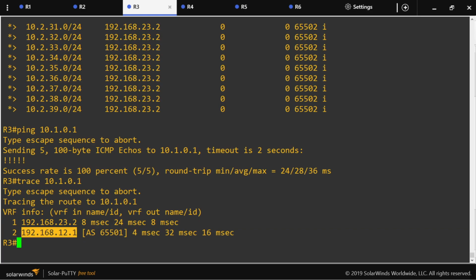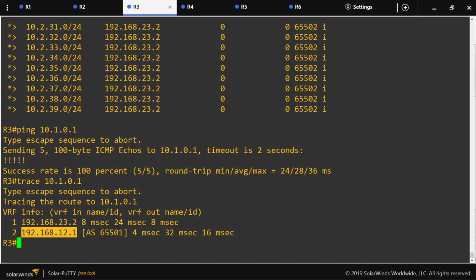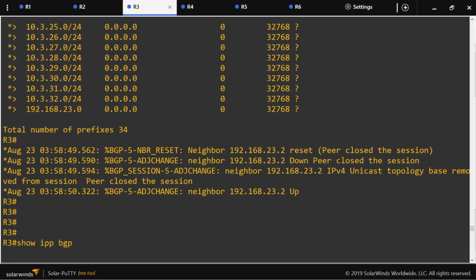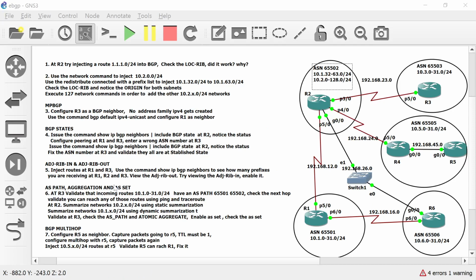So everything is good so far. Now we have the next hop is correct. All the routes have as next hop Router 2. Router 2 is the next hop for all the routes that we know about from BGP. So validate that you can reach them.